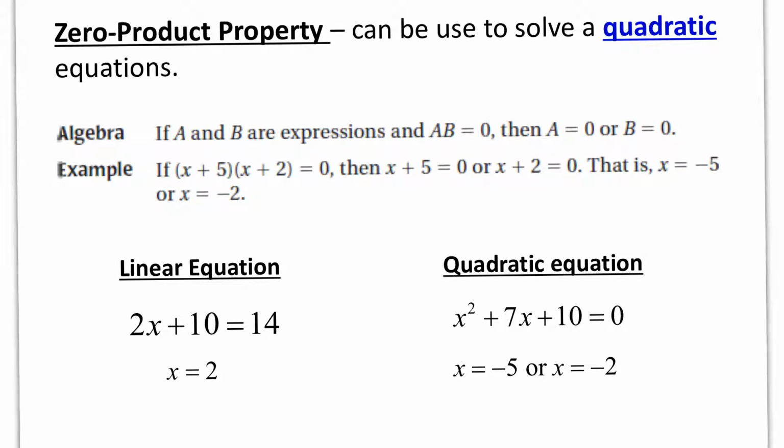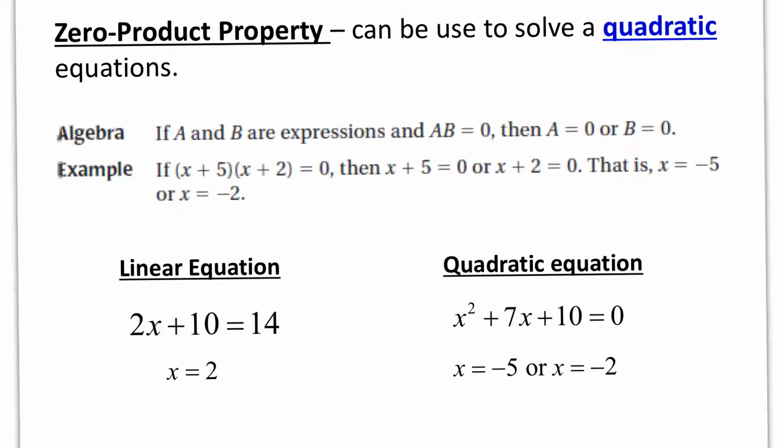Now, if you apply this to a quadratic equation, look at the 2 parentheses here. You don't see the squared when you look at the parentheses, but if you distribute, if you multiply the 2 binomials, x times x is going to be your x squared. So that's where the square comes in, quadratic equation.